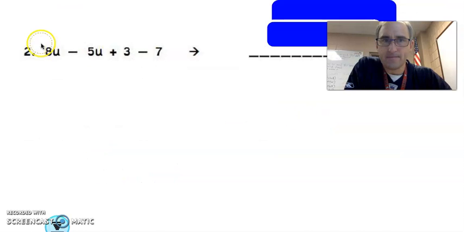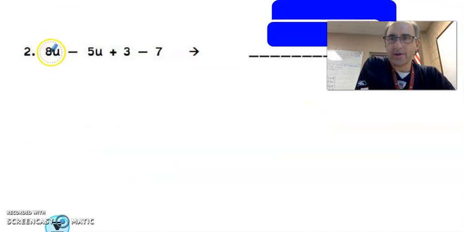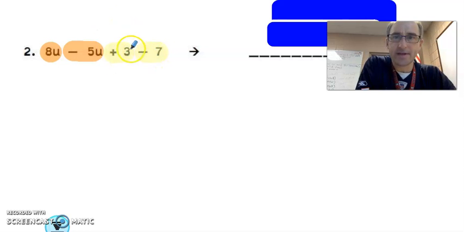For number 2, we are going to highlight all the ones with U's first, remembering that the symbol in front of the letter or number is part of that number. Plus 3U, minus 7U. Those are part of the numbers 7 and 3.